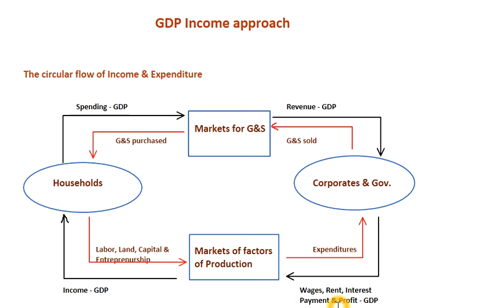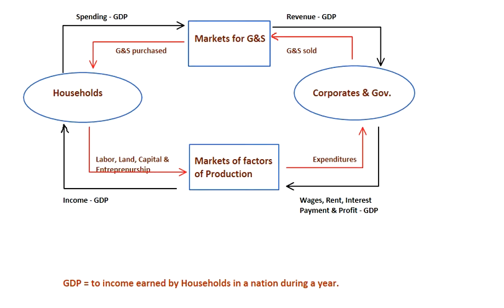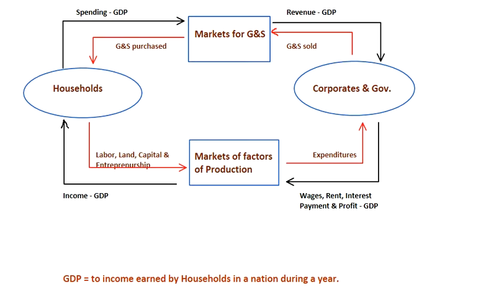Actually, the sum of these returns from corporates and governments to the households is the GDP, the income. So, according to the following approach, GDP is equal to incomes earned by households in a nation during a year.